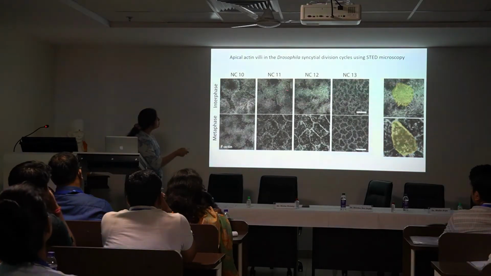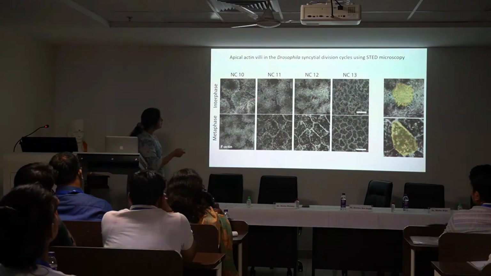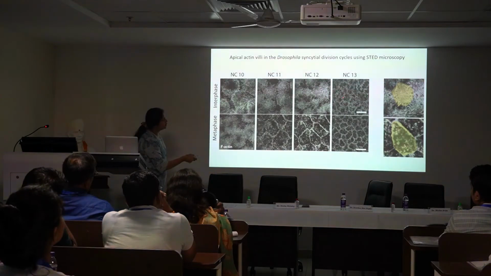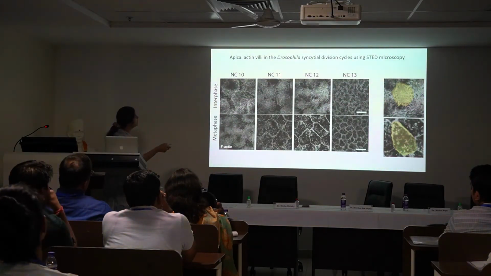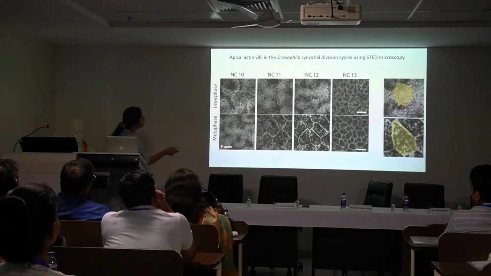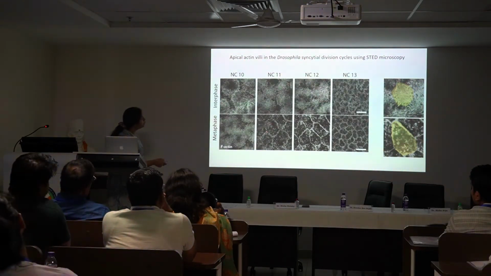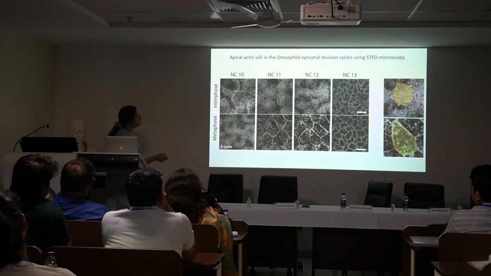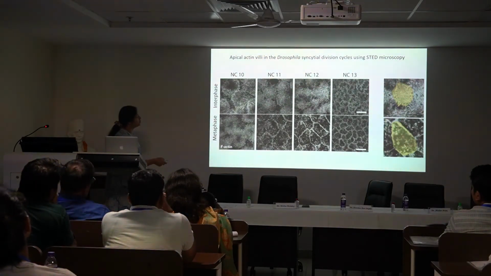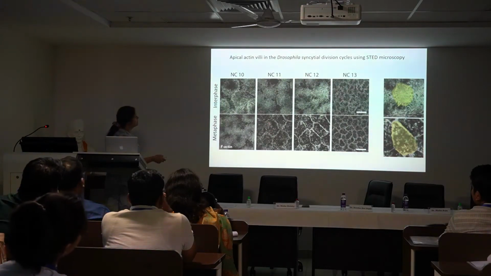They are present in these cycles very clearly, whereas in this particular cycle now you can't see them very well. You can also see that especially in nuclear cycle 11 and nuclear cycle 12, you do not see them in metaphase. You only see them in interphase. So they are getting remodeled most likely from interphase to metaphase stage.